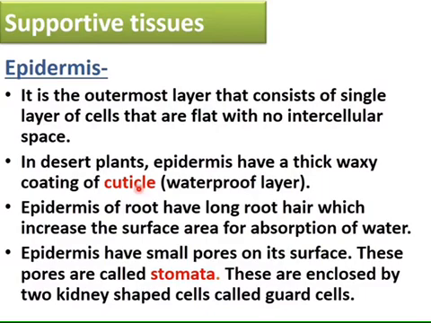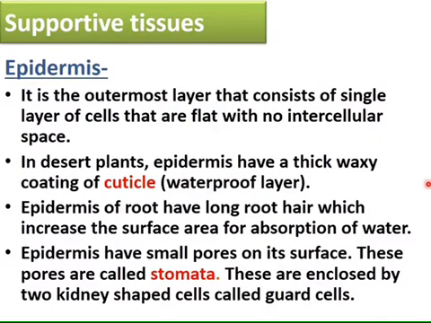Now the third point is epidermis of root, because it is the outermost layer. So it is present in each and every part of the plant on the outermost layer of the cells. Epidermis of roots has long root hair which increases the surface area for absorption of water. It means in roots the function of epidermis is to absorb water from the soil.